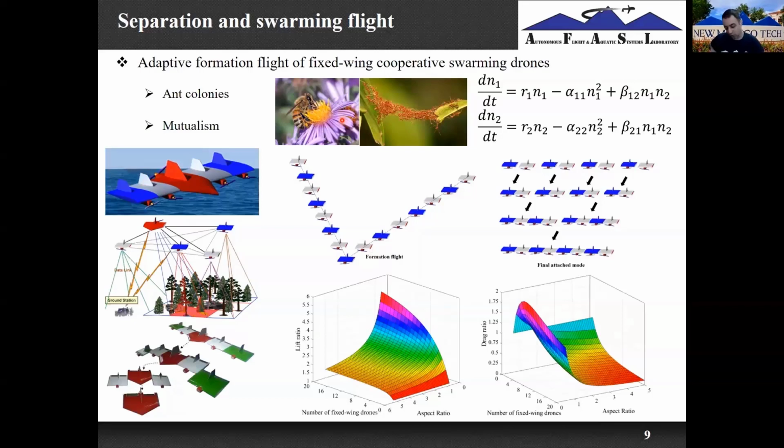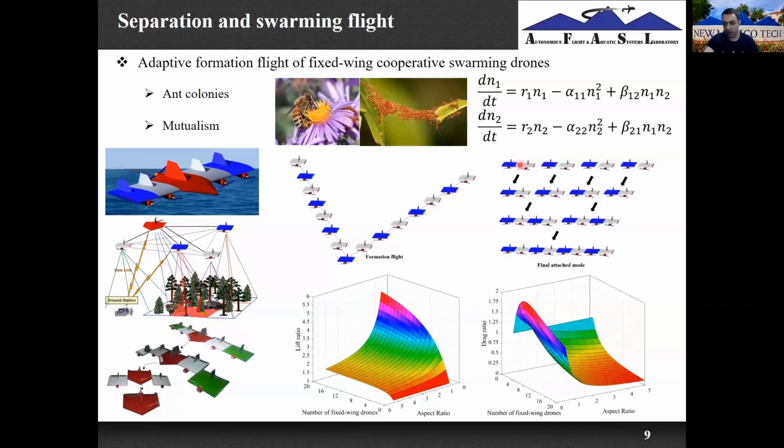How? Once the lower energy drone is attached to a high energy level drone, like here, imagine that the blue drone is at a low level and the white drone is at a high level of energy. Once they're attached together, you can preserve the low energy drone so it's not going to crash.